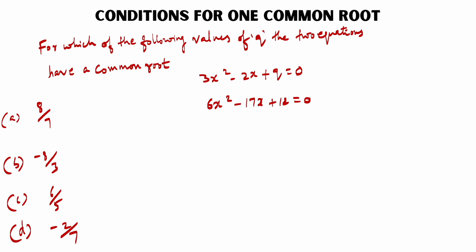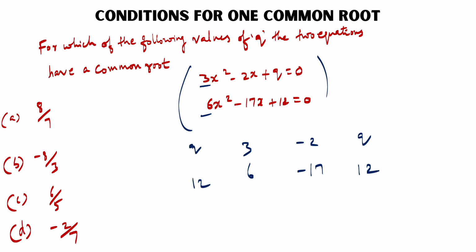For which of the following values of q do the two equations have a common root? These are the equations, so we shall apply the condition that we have just learned. We take the coefficients 3, 6, minus 2, minus 17, q, 12, again q, 12. So 6q minus 12 into 3, 36, whole square, is equal to 3 into minus 17 minus of 6 into minus 2.